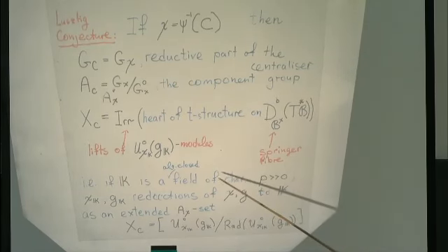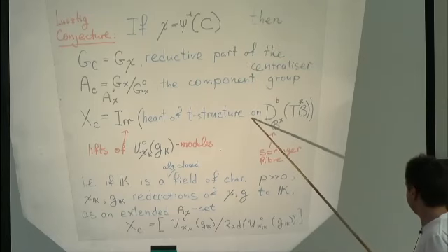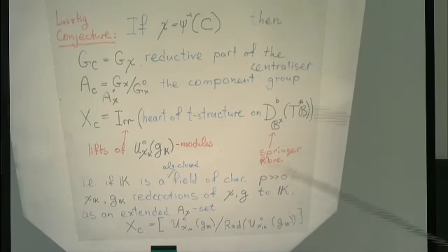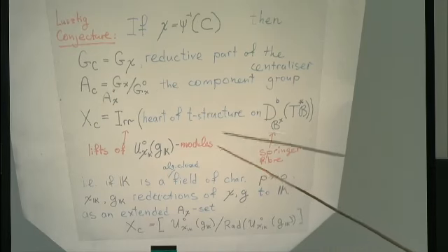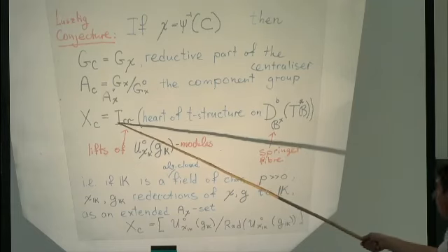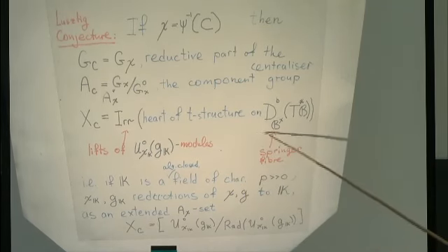On this category there is a t-structure, which was described by Bezrukavnikov, and you take the irreducible objects in the heart of this t-structure.